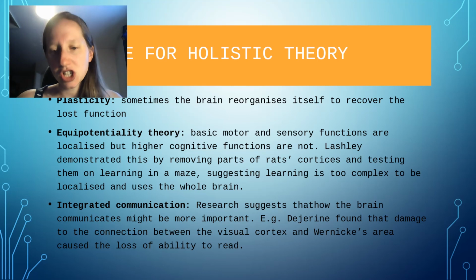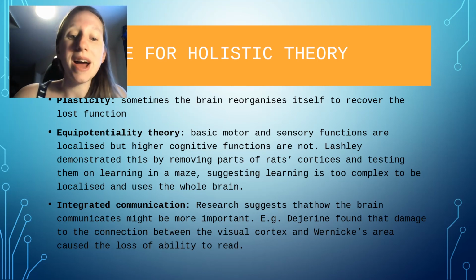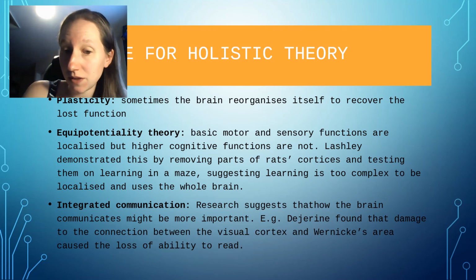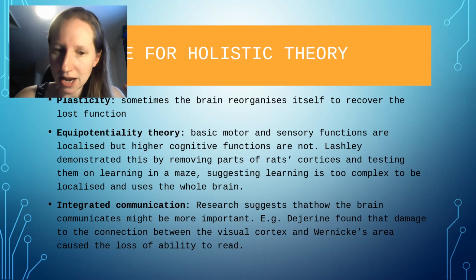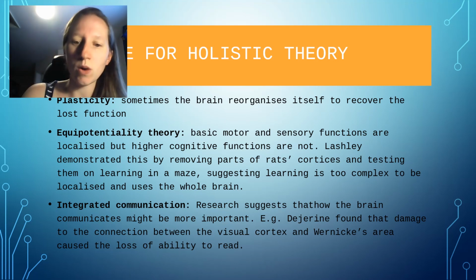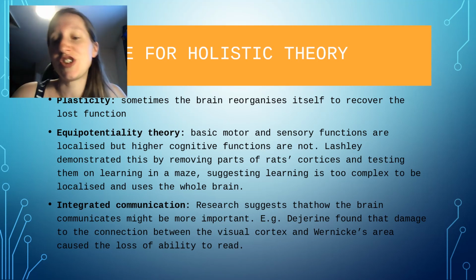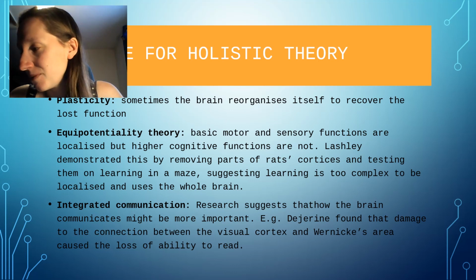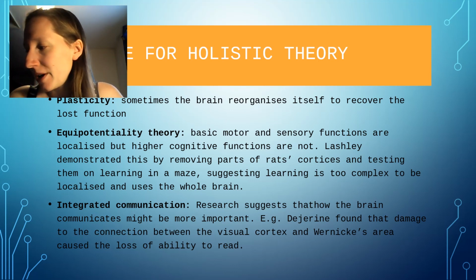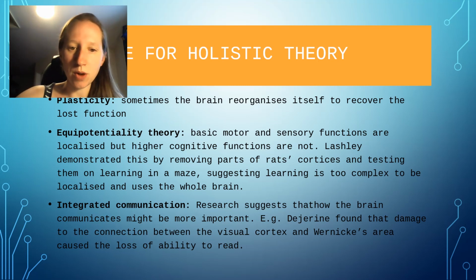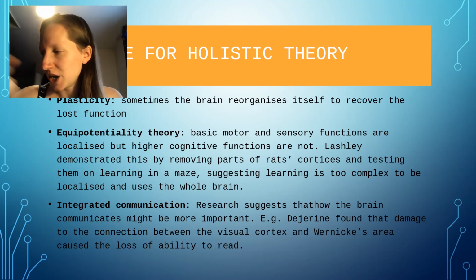So that's suggesting that what we might have is lots of different parts of the brain, perhaps even specific parts, communicating with each other and working together to carry out a specific function. What might happen is you want to carry something out, and you have a message from one part of the brain to another part, to another part.